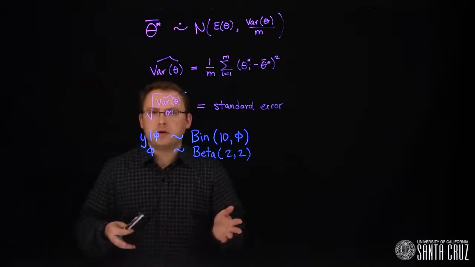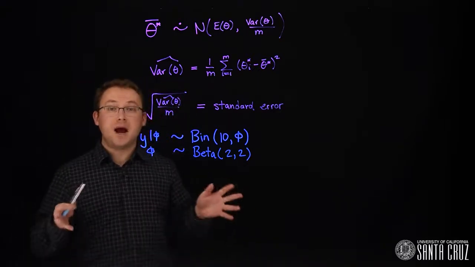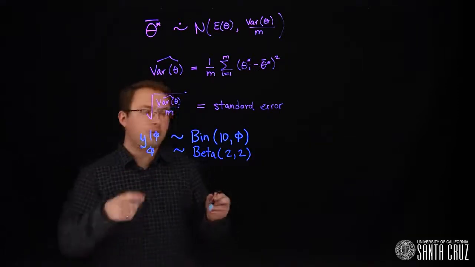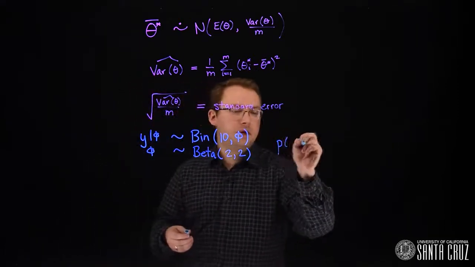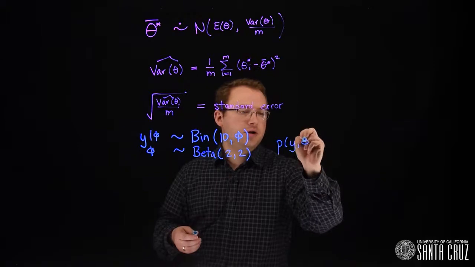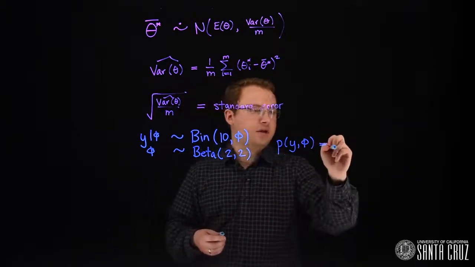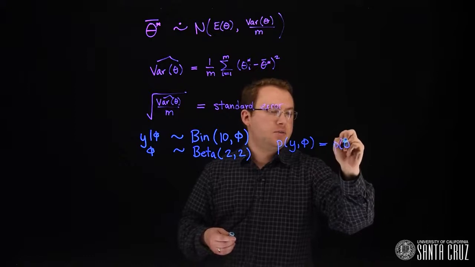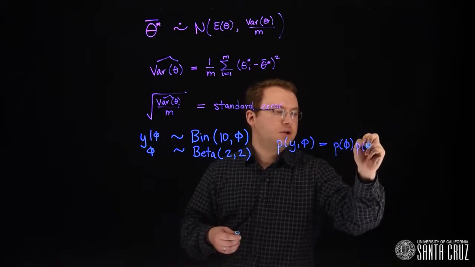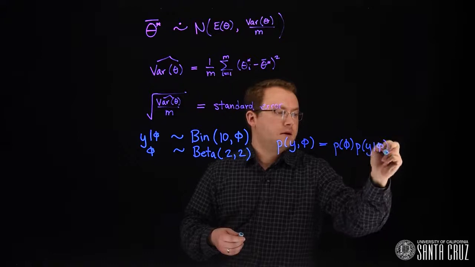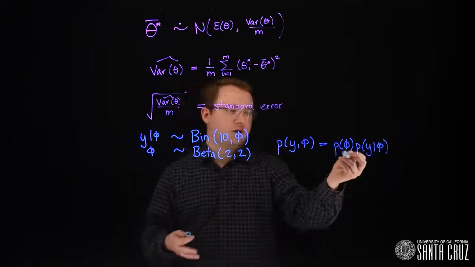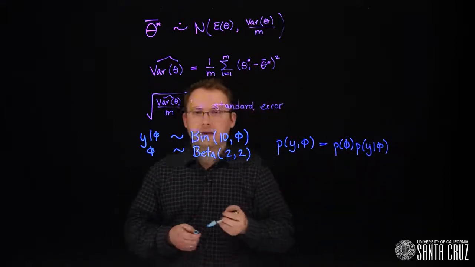Given any hierarchical model, we can always write out the joint distribution of y and phi. The joint distribution of y and phi using the chain rule of probability will be the distribution of phi times the distribution of y given phi. This should look familiar. It's like the prior times the likelihood.